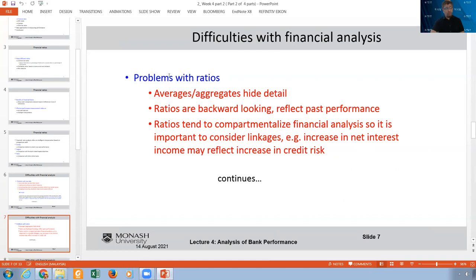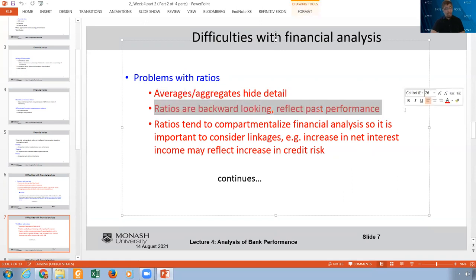Now, we have also another problem with ratios. We have the averaging. It can hide details. And one very obvious thing, which we don't look at: when we make the analysis of ratios, we are not interested in looking at the history. The history is gone. But we think that if we make the ratios, we did very well, that's fine.